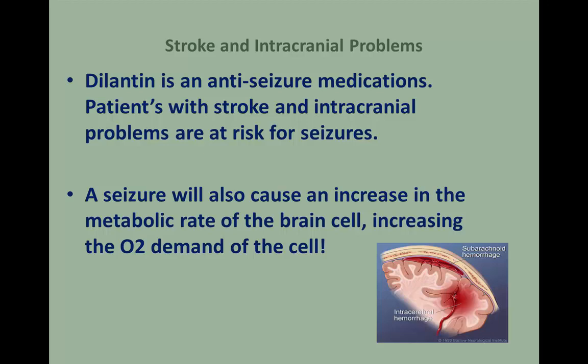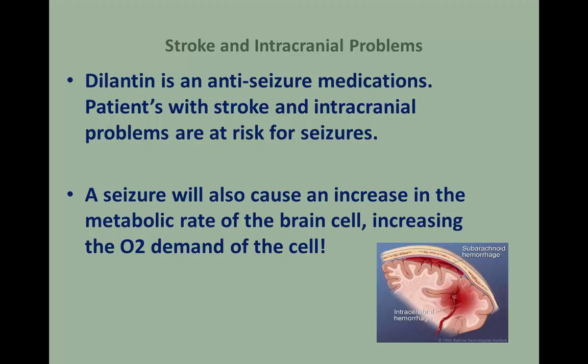And anytime there is an increase in the metabolic rate of your cell, it means there's going to be a higher demand for oxygen. And if you have a brain problem and you have a nerve cell that is seizing, which is going to cause an increase in oxygen demand, with any kind of intracranial problem, there may be a problem with delivery.